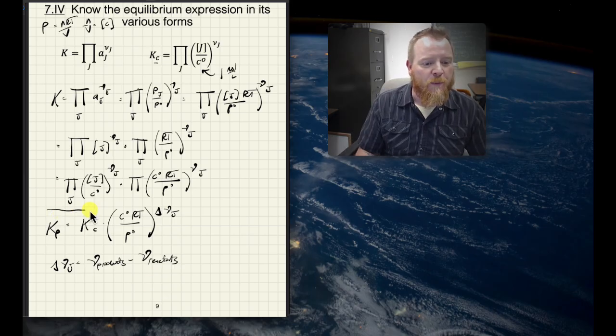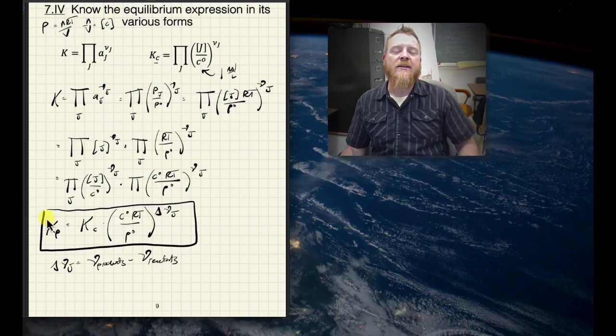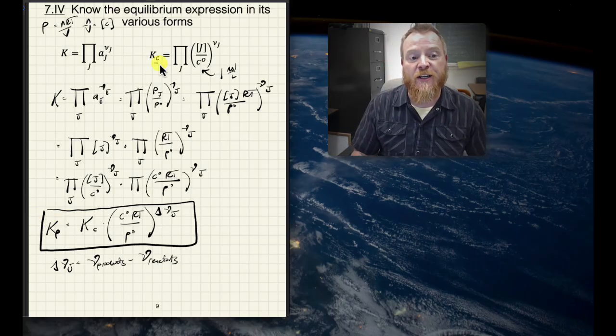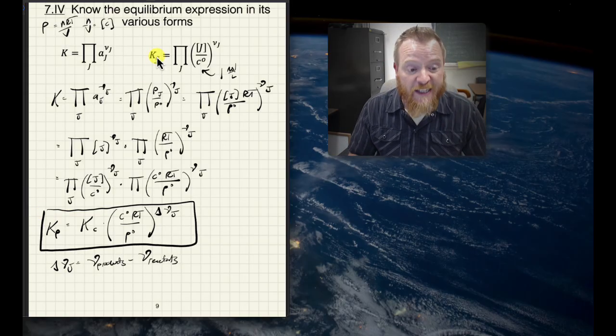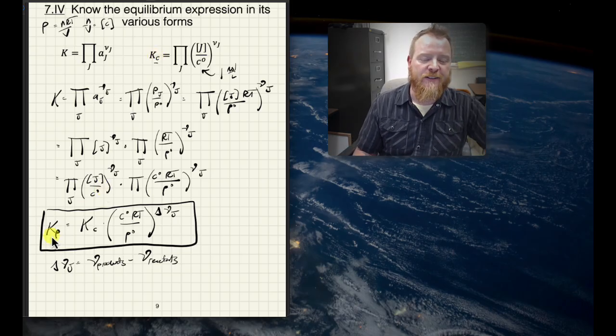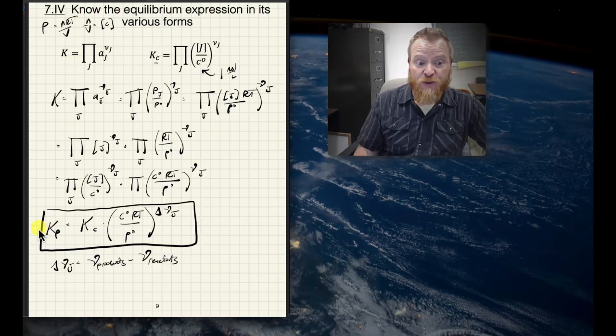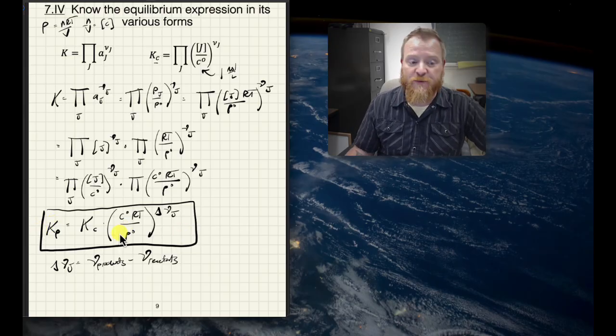Maybe you remember this equation from Chem 109. If we've got an equilibrium expression in terms of moles per liter, we can recast it into its correct expression in terms of partial pressures with this conversion factor.